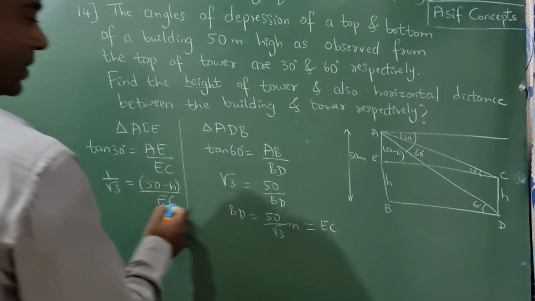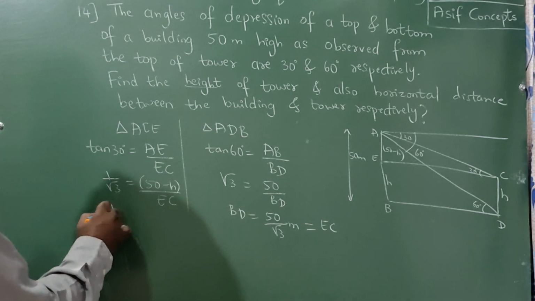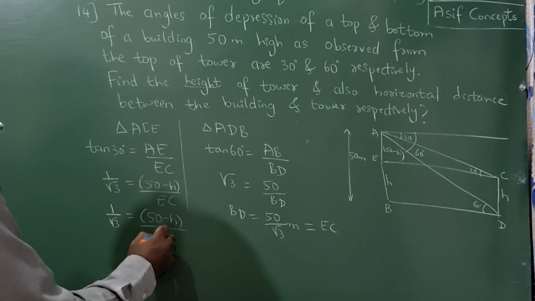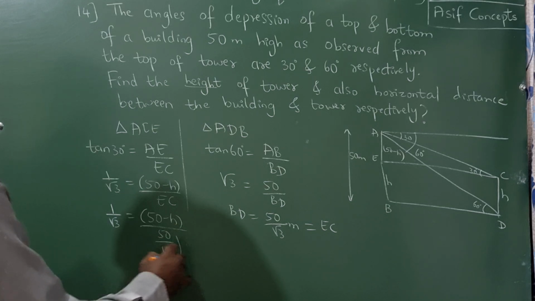Now EC I have to substitute here as 50 by root 3. So 1 by root 3 is equal to 50 minus H, over 50 by root 3.